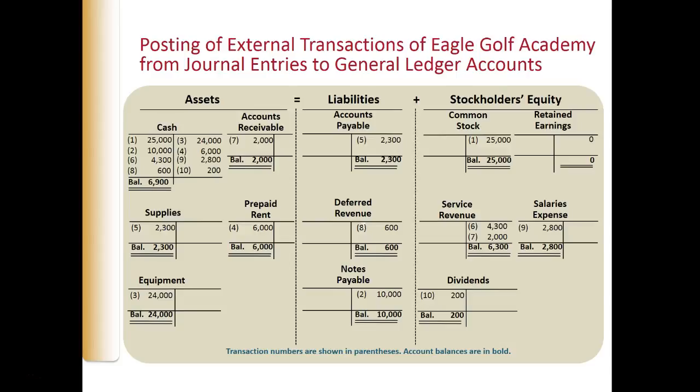Our cash, accounts receivable, supplies, prepaid rent and equipment, all our assets. Our liabilities are all together. Our stockholders' equity up there, common stock and retained earnings, are the two accounts for stockholders' equity. And we know ultimately the service revenue and salaries expense will net out to go up into retained earnings, won't it, along with our dividends. So that's why they show them below for now.